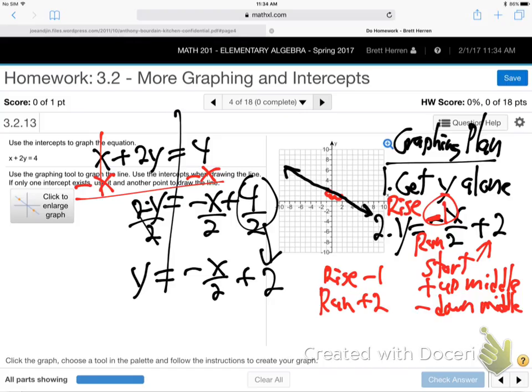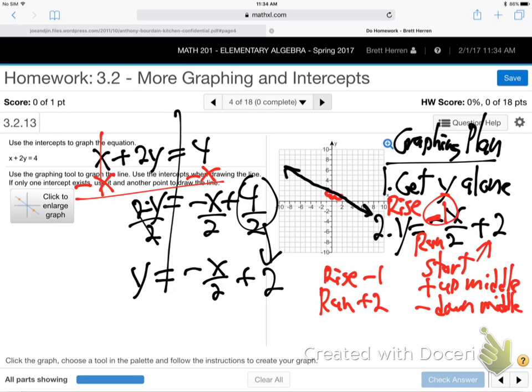If it's positive, it is a rise, but if it's negative, it's really a fall. If it was like -3, I would go down 3. So if it's negative, you're going down 3, doesn't matter where it's at. Does that make sense? Questions I can answer?